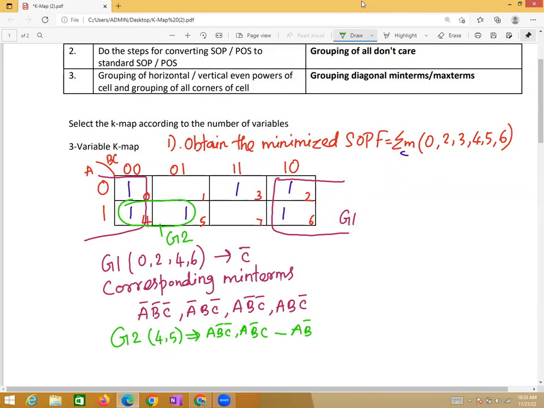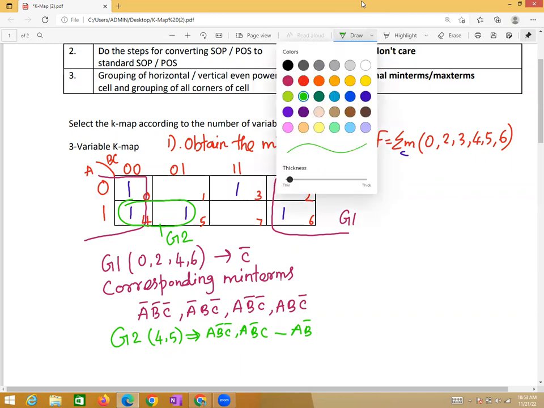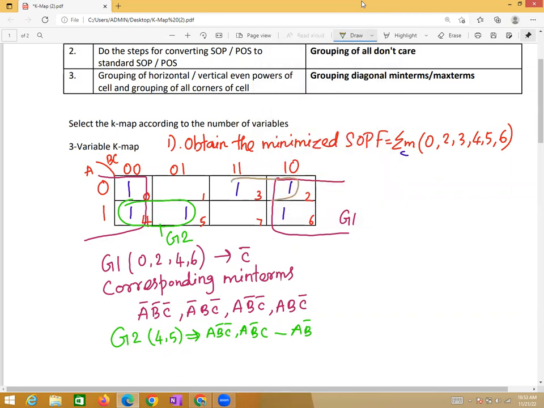Next we go for one more grouping, because we try to group the maximum possible. Here no ones are left free, so we go for the next grouping. Consider this your group number 3.